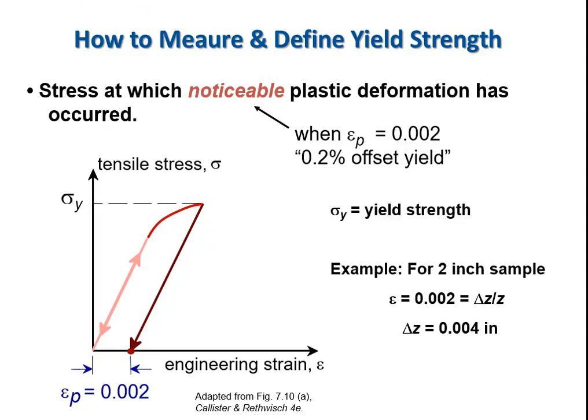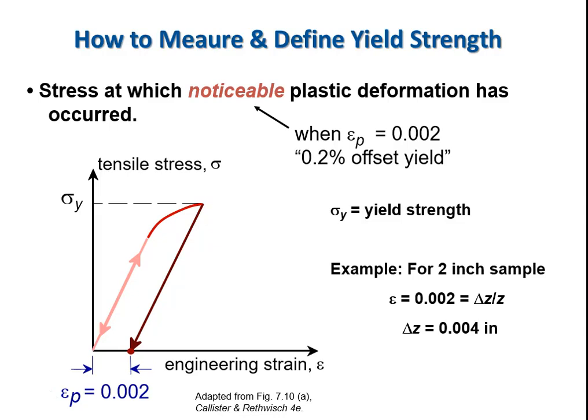So how do you use it? If somebody says your strain is 0.002, how would that correspond to actual displacement if you were measuring it on a sample? For example, if a 2-inch long sample, what would a 0.2% strain correspond to in terms of actual measured displacement? So what we would be measuring on our extensometer, that would again be our definition of strain. So delta z over z, which would be z naught in this case, that we're showing over in the example equation on the lower right hand side of the slide.